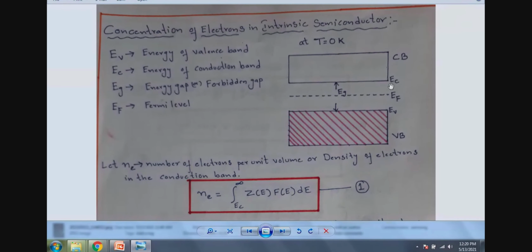That's why we choose EC here, since more concentration of excited electrons is present here and it decreases as we move to the other side. So EC is the bottom level of the conduction band, and EV is the top level of the valence band. Is it clear?